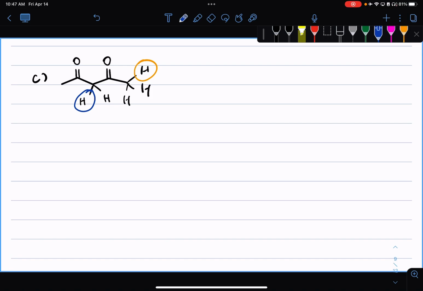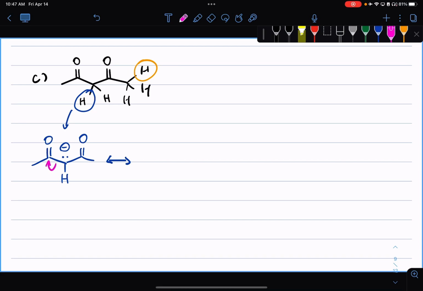Let's look at the blue case first. Deprotonation of that blue hydrogen would end up with a molecule like this. I write out that hydrogen just as a reminder that your carbons do have octets of electrons. It's a carbonyl species. Obviously, this specific conjugate base is stabilized by multiple types of resonance structures, if you may.